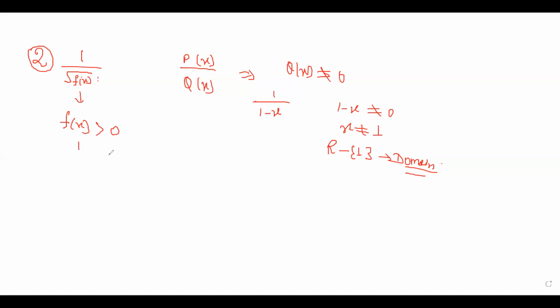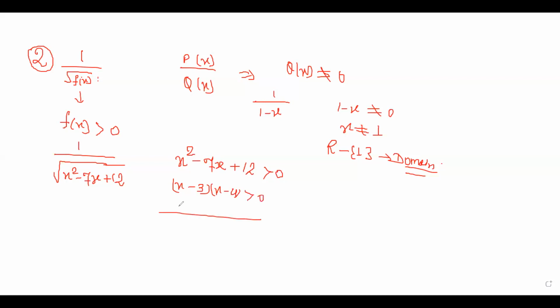Write down one question. x square minus 7x plus 12. You will write x square minus 7x plus 12 will always be greater than 0, not equal to 0, because it is in the denominator. When you factor, it will be x minus 3 into x minus 4 greater than 0.